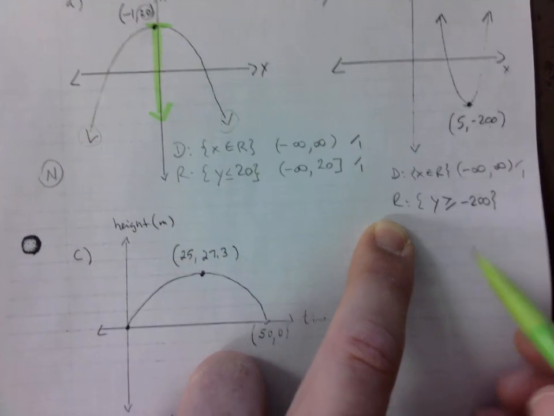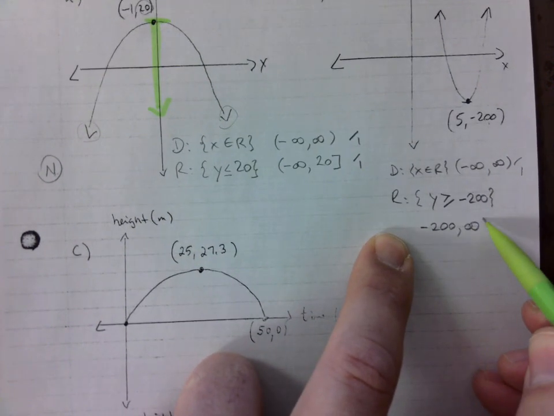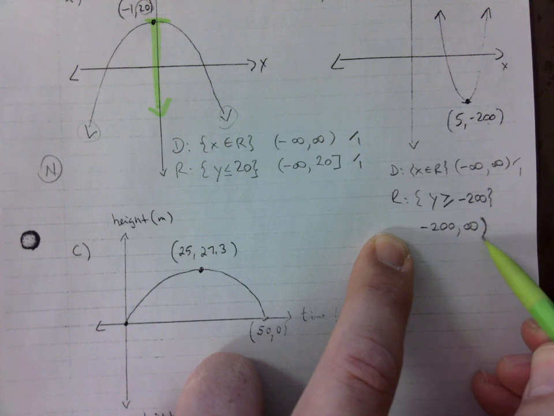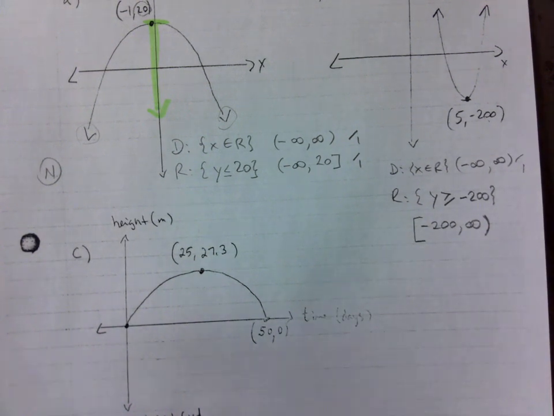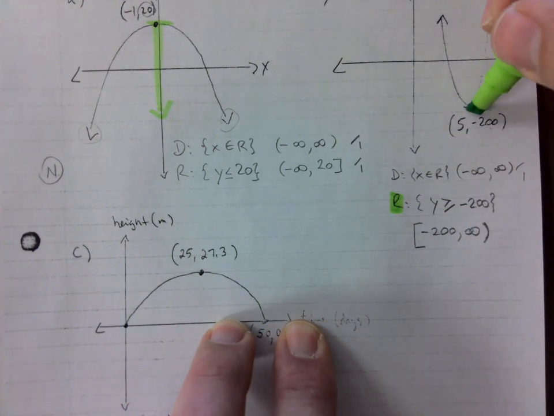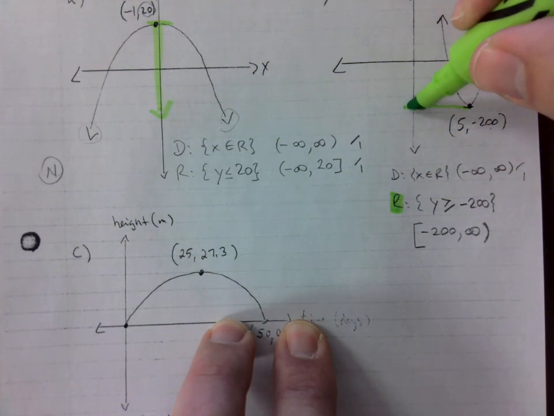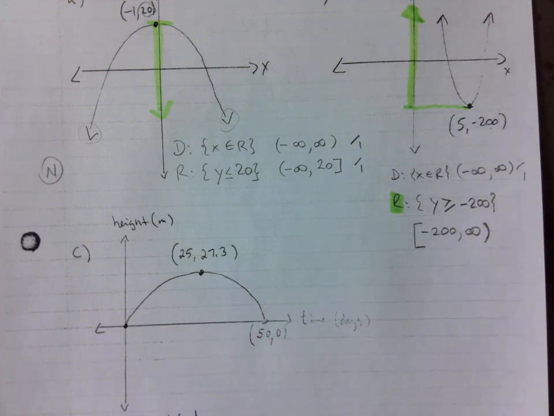Okay, so that would look like that, or negative 200 to positive infinity, round bracket for infinity, square bracket for the negative 200. Again, for the range, if I highlight that, you go to the lowest point it ever gets, and then it goes up from there. So for range and domain, smallest first, largest second, always. Okay.